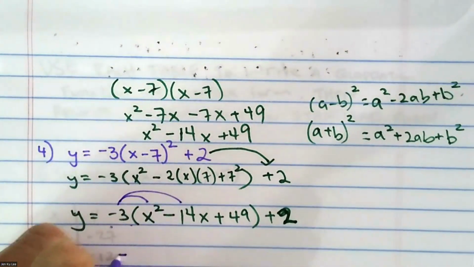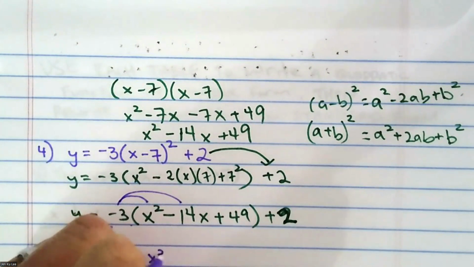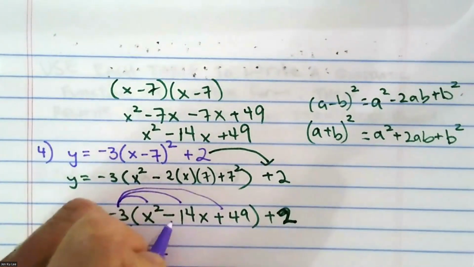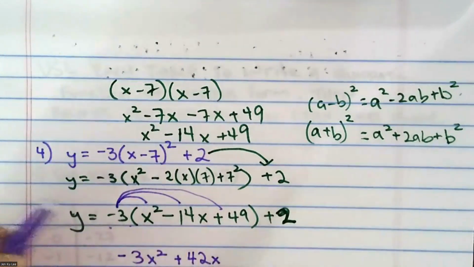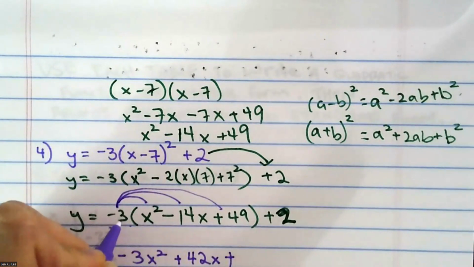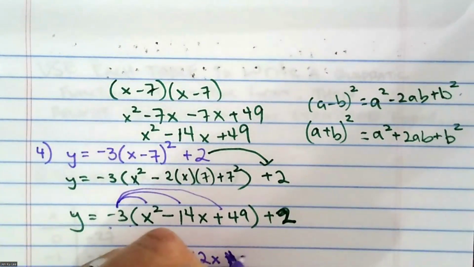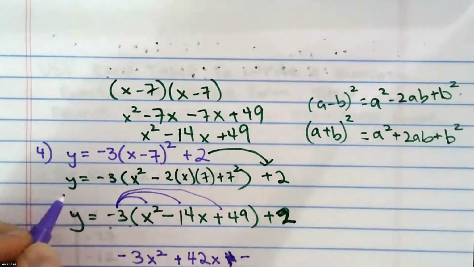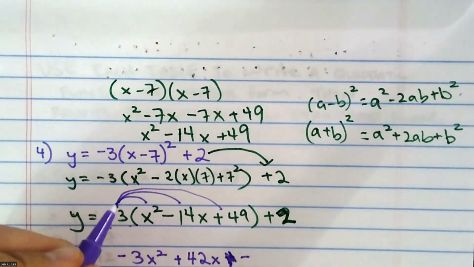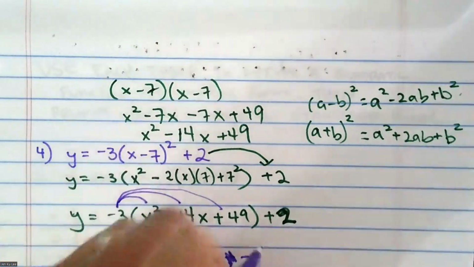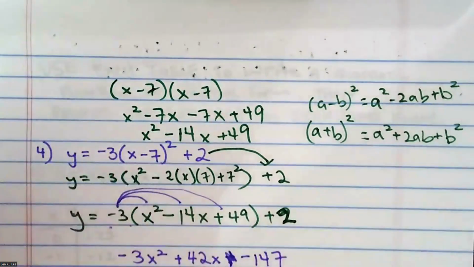So negative 3x squared, negative 3 times negative 14 is positive 42x, minus, because negative times a positive is a negative, 147, right?